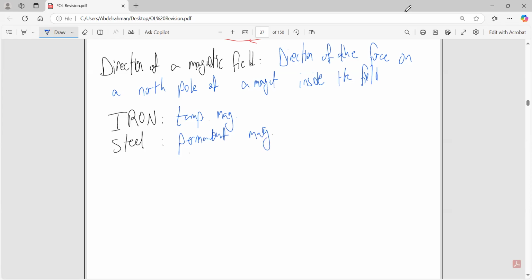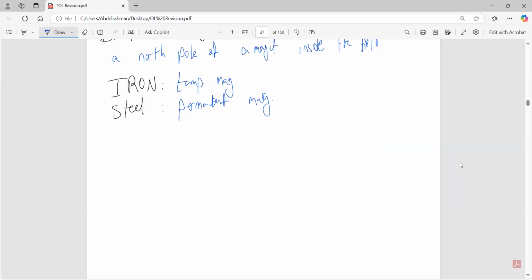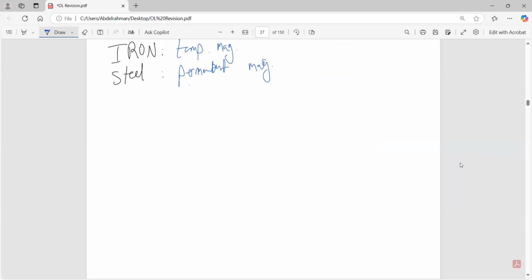Iron would instantly lose its magnetism and never remains a magnet for a very long time. We can use iron in an electromagnet. What is an electromagnet? We need a circuit to create this electromagnet.